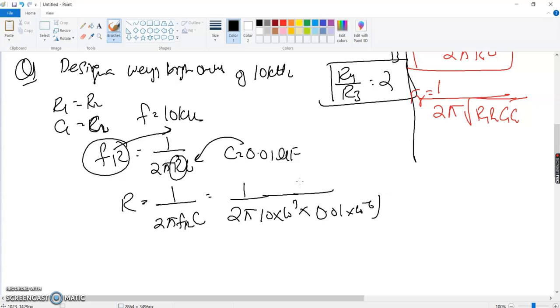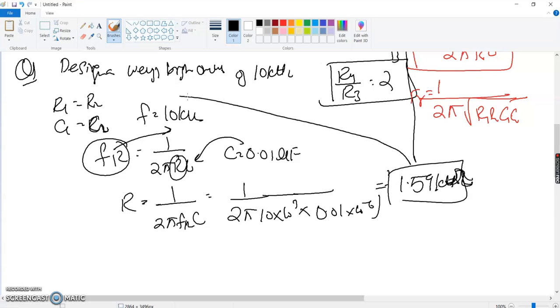That gives me a resistor value of 1.59 kilo ohms. So R1 and R2 are both the same at 1.59 kilo ohms. C1 and C2 are both the same at 0.01 microfarads.